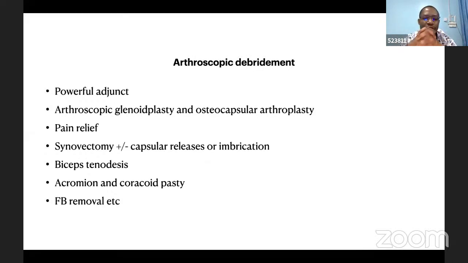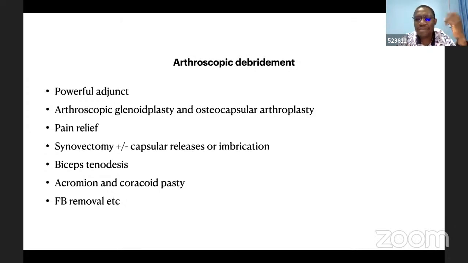There are other situations where you have a lot of osteophytes, but the damage itself on the glenoid is not so much, but you have age osteophytes both on the glenoid and on the humerus. So you can do osteophytectomy. After removing those osteophytes, you can lift off the capsule and do a capsulorrhaphy or release that capsule, and/or imbricate the capsule if you're unstable.